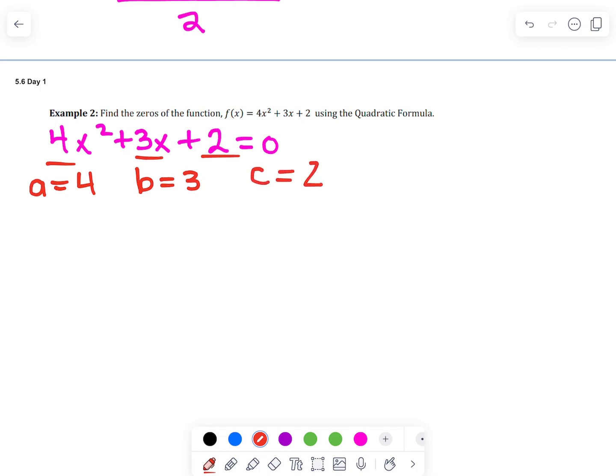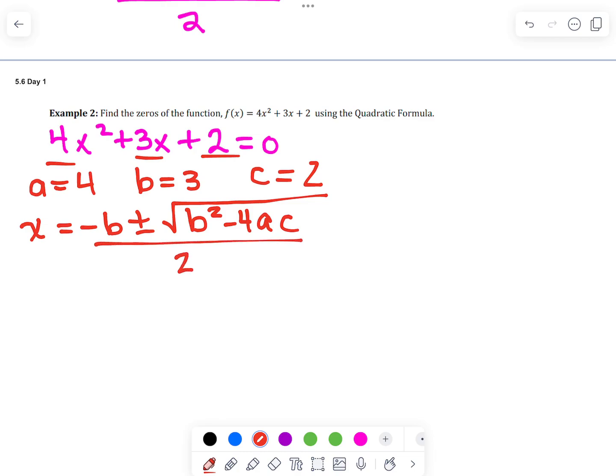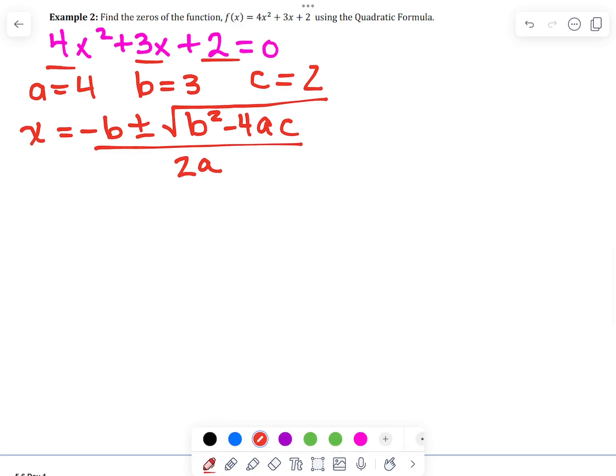And then we have our formula, x equals negative b plus or minus the square root of b squared minus 4ac all over 2a. Now we substitute the a, b, and c in.